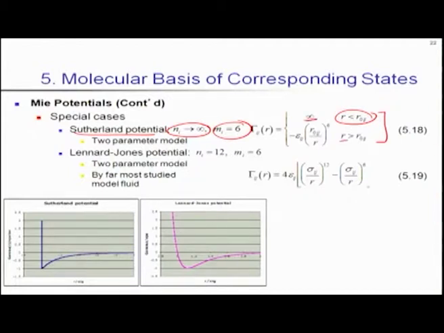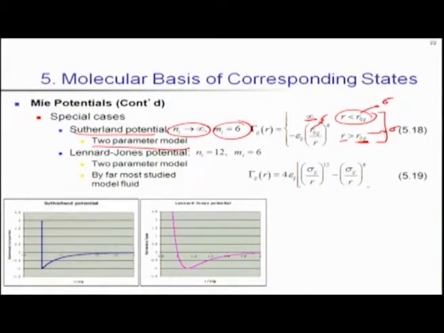On the other hand, when r is greater than this value, you have epsilon ij times r0 ij divided by r to the power 6. Now, this is a 2-parameter model because you still have epsilon and r0. You can replace it by sigma also, it will work in this way, sigma 0 ij or something like that. So, there are two variables which we have to worry about.